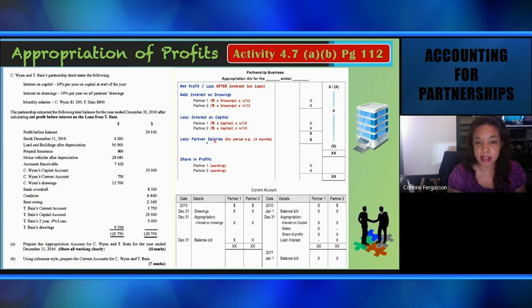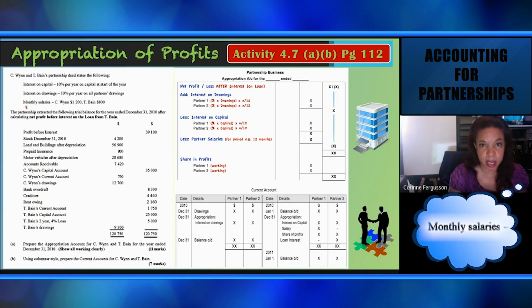The second thing that has to be emphasized, because quite a number of people made this error, but on the bright side, quite a number of people got it. So they recognized it. Very good. It is for the year once again, and the salary they gave was for the month.